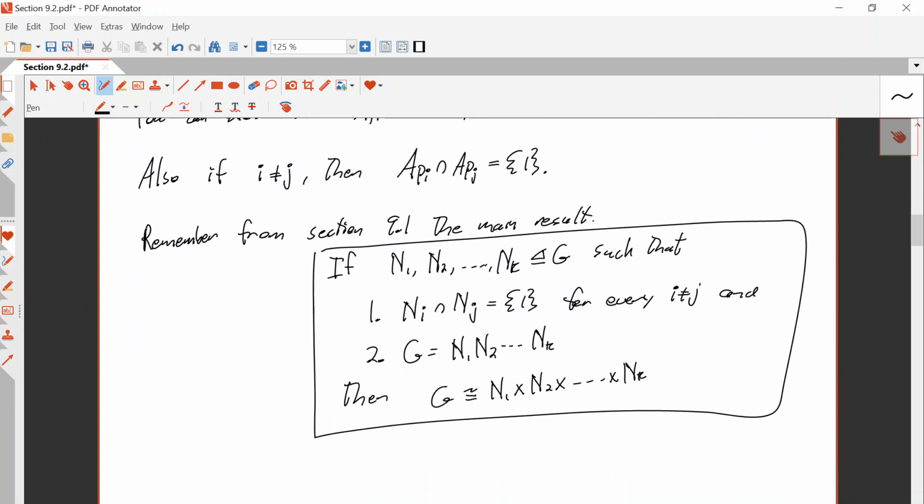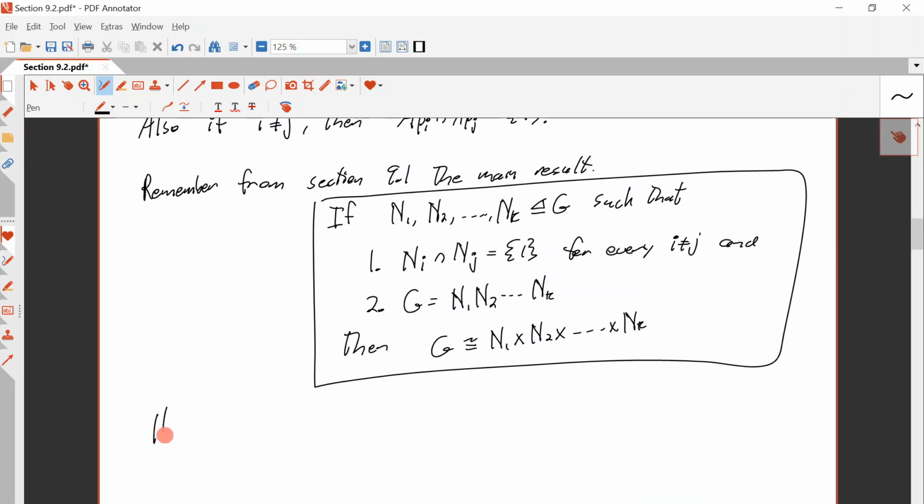We want to show that G is isomorphic to the direct sum of the APi's. First of all, we've shown that APi and APj intersect in the identity, because there can be no common element whose order is both a power of p sub i and a power of p sub j, except for one, because they're different primes.